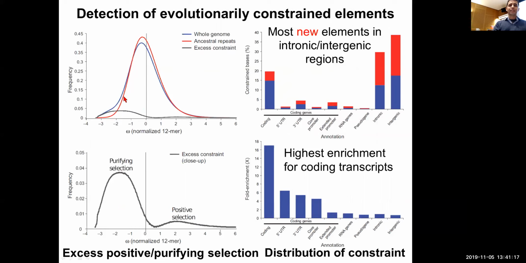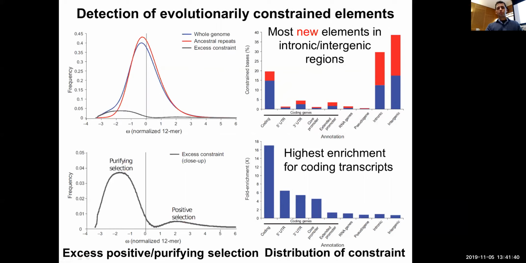And then by looking at the difference between the whole genome and the ancestral repeats, by subtracting the two distributions, I can basically say, here's my overall excess constraint. At any one threshold, it's very difficult to detect that, but I can estimate the total amount of evolutionary constraint. Everybody with me? Awesome.